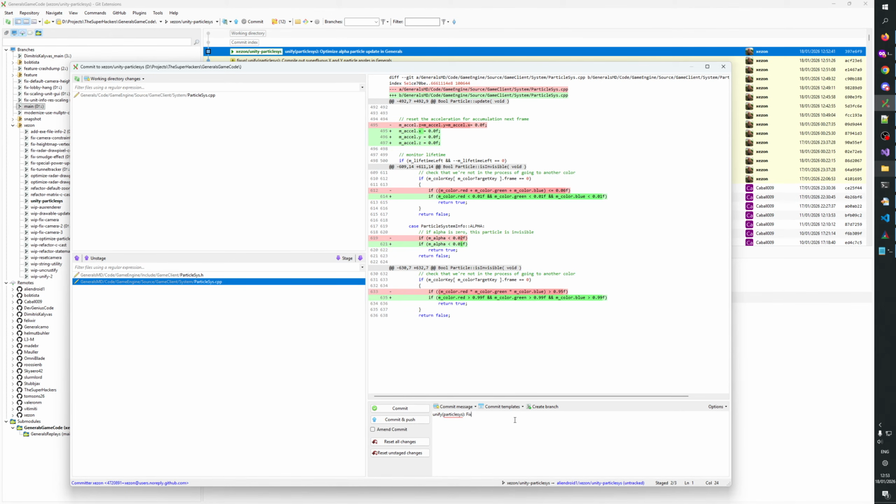Fix bed particle visibility thresholds. Fix bed particle visibility thresholds for 0.